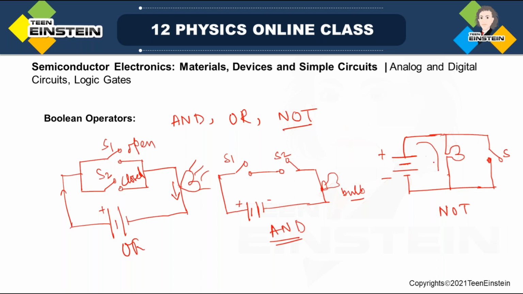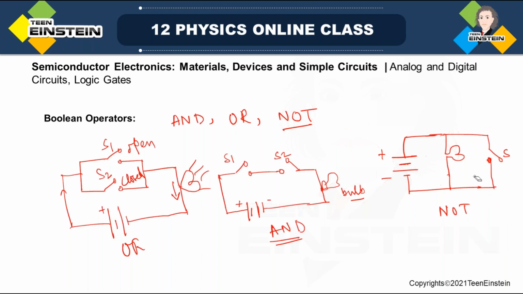Suppose this is one path for the current to flow, another path is this one. So when the switch is on, the whole current will pass through the switch, because current always prefers to flow through the path which has the lowest possible resistance.